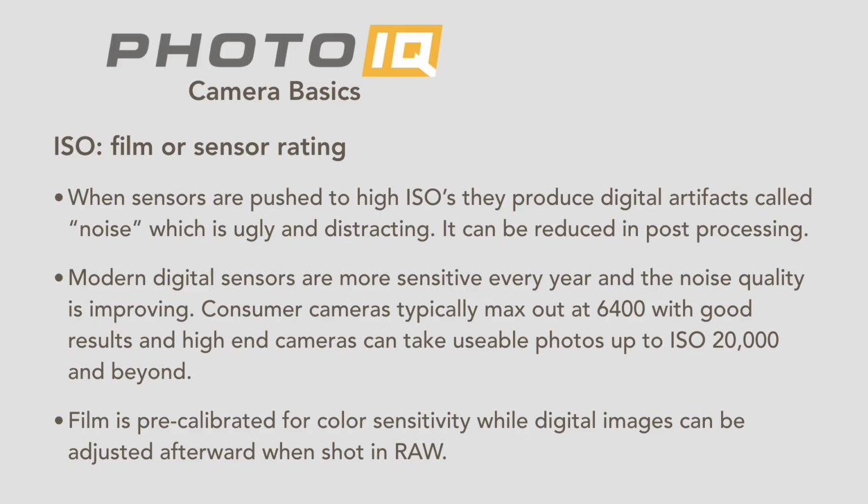Modern digital sensors are more sensitive every year, and the noise quality is improving. Consumer cameras typically max out at 6400 with good results, and high-end cameras can take usable photos up to ISO 20000 and beyond. Film is pre-calibrated for color sensitivity, while digital images can be adjusted afterward when shot in RAW.